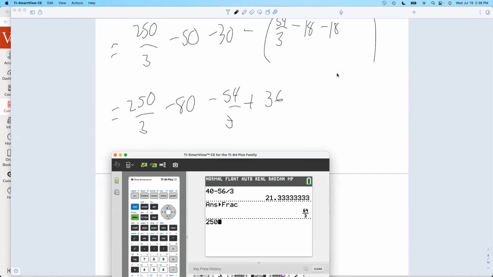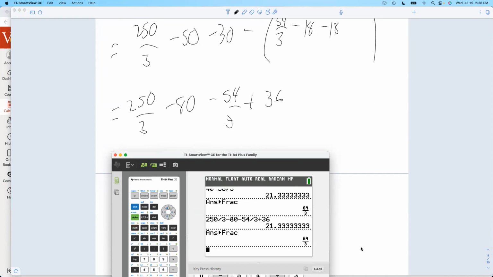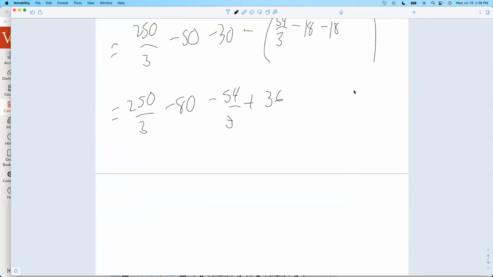I can literally just type it the way it looks. Minus 80 minus 54 over 3. You just got to be careful, make sure you type everything right. And then go math into fraction, hit enter again. We get another 64 over 3.